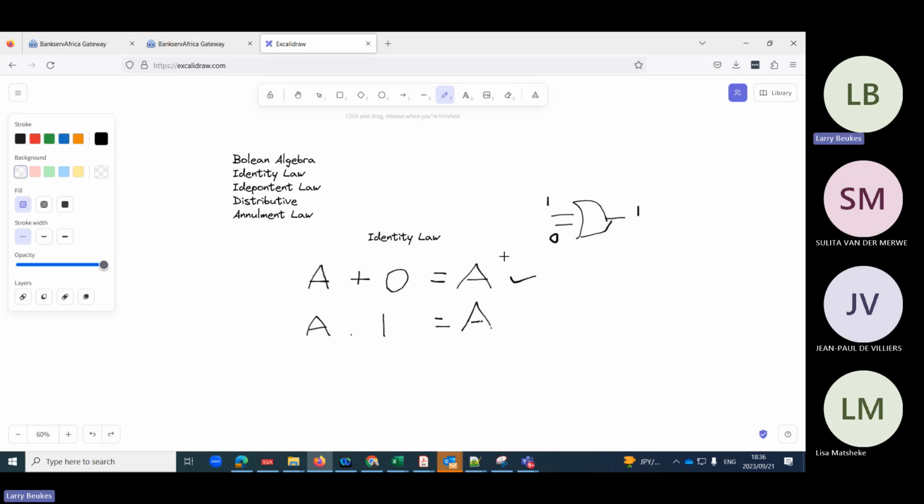So what is the identity law saying? What does it mean? It means this input and the output will be identical. Okay, let me make another example here.